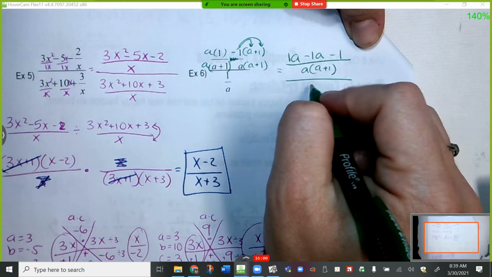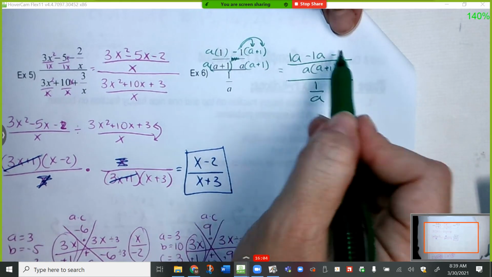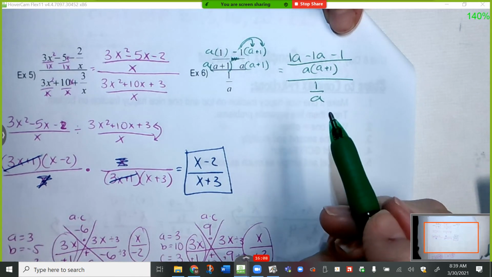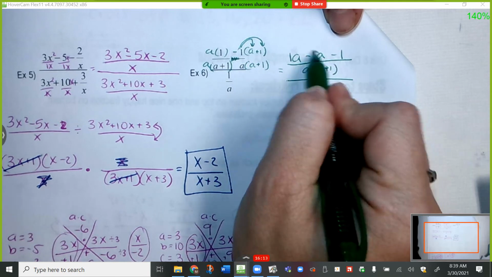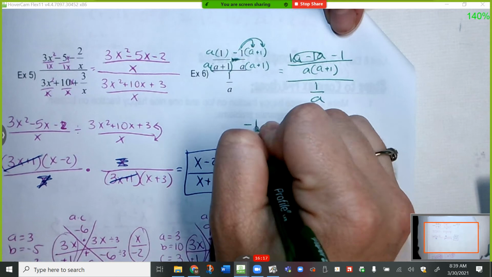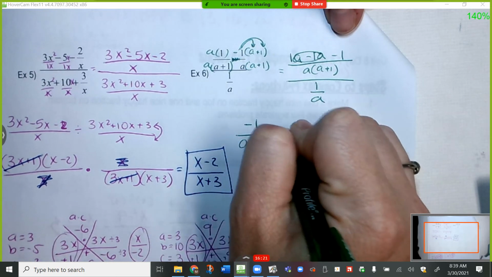And then 1 over a. How does this simplify on top? What does it become? Huh? Just negative 1. 1a minus 1a is 0. So I get negative 1 over a plus 1, divided by 1 over a.